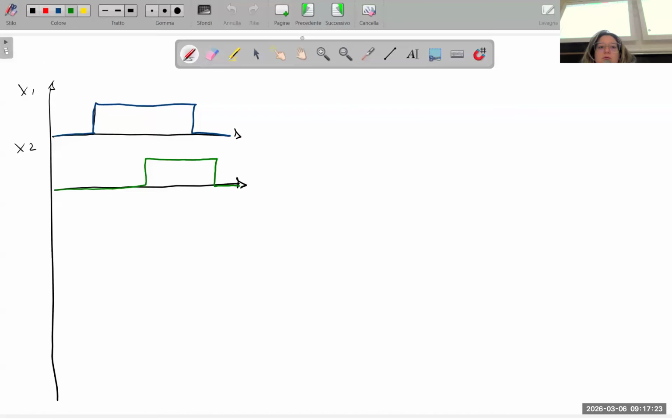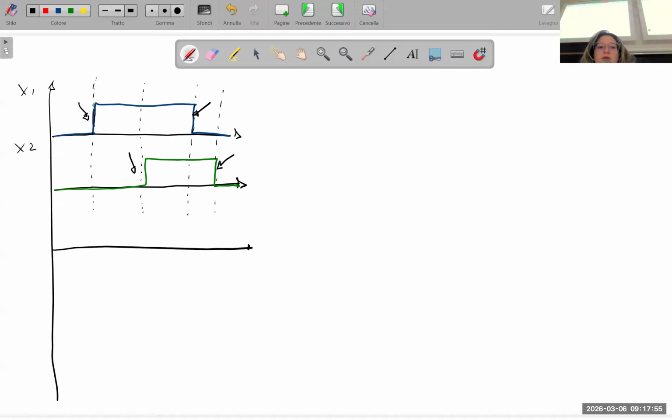Yes, more or less. Okay, so we have this. Here there is a change for x1. Here there is a change for x2. Here there is a change for x1. And here there is a change for x2. Let's see the fronts where they are changing, to understand how the output will change.